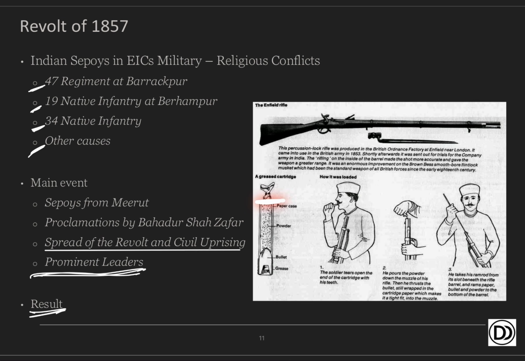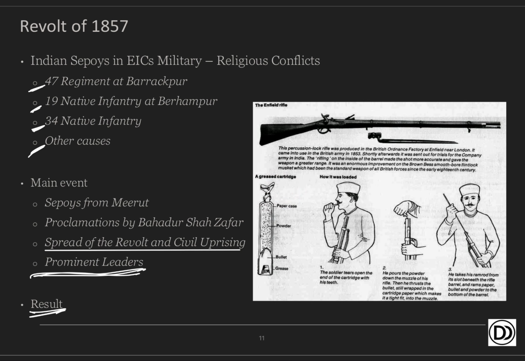Why? Because this paper was greased, and during the war you may not have something sharp with you like a knife, or it is not efficient to use a tool while you are loading each cartridge individually during the war. Once you fire the weapon, you had to load with the same procedure again and again.